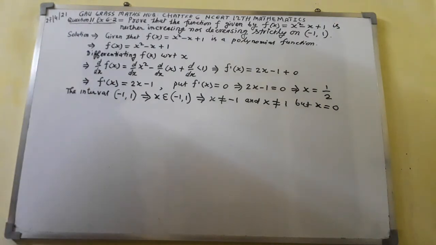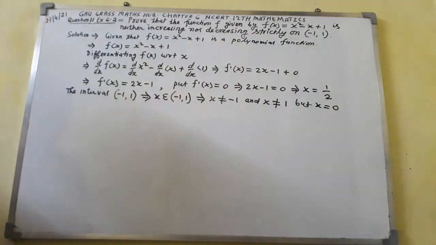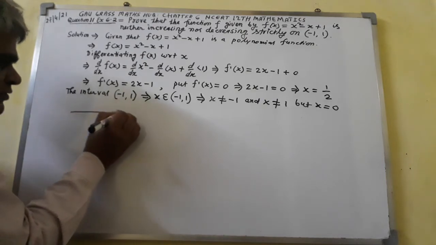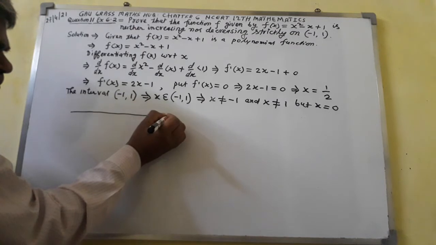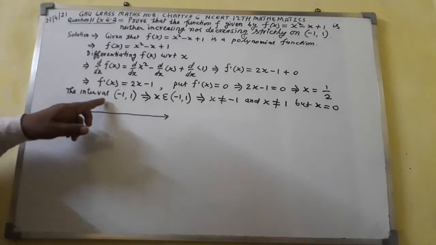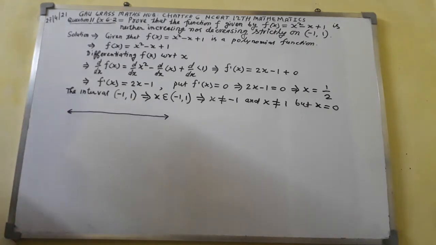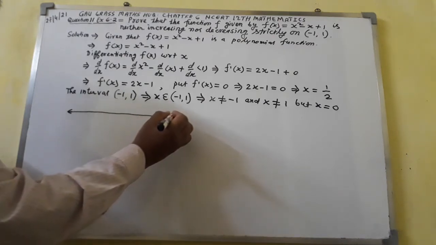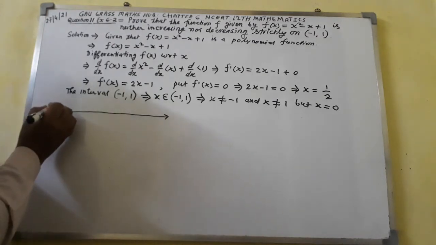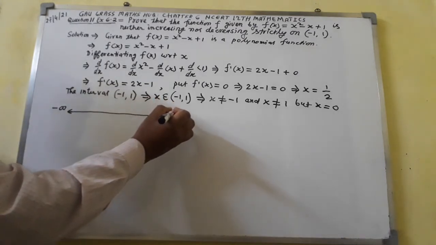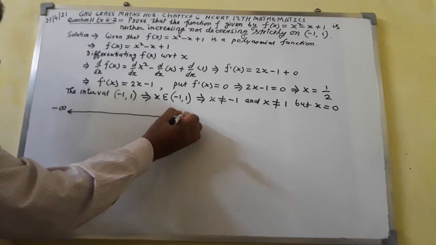Now the whole scenario will be drawn on the real line. So here I am going to draw the real line. This is the real line. Towards the extreme left I shall write −infinity, towards the extreme right I shall write +infinity.